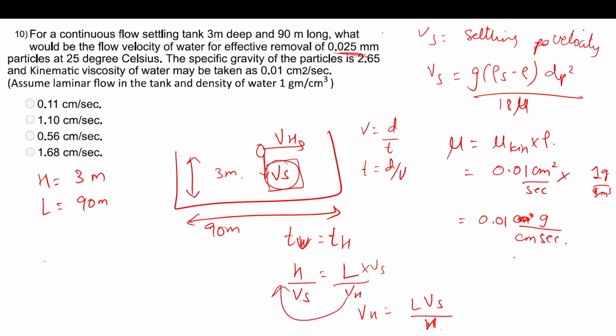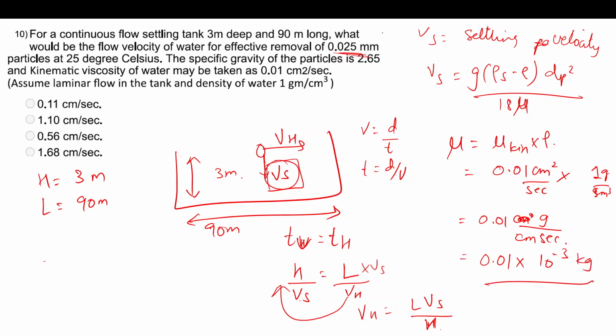Now to convert, you need to check what units are required. It's better if you convert to SI because here the units are jumbled. So 0.01, and 1 gram is how much kg? 10 to the power minus 3 kg.